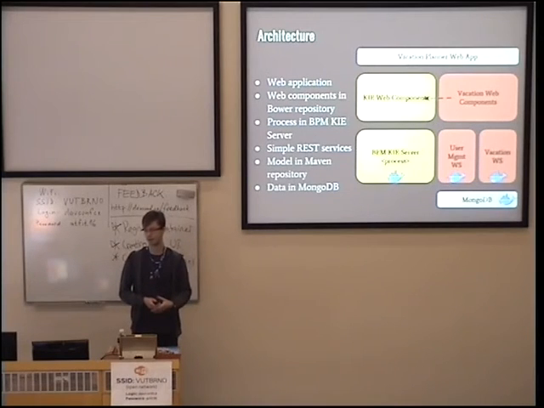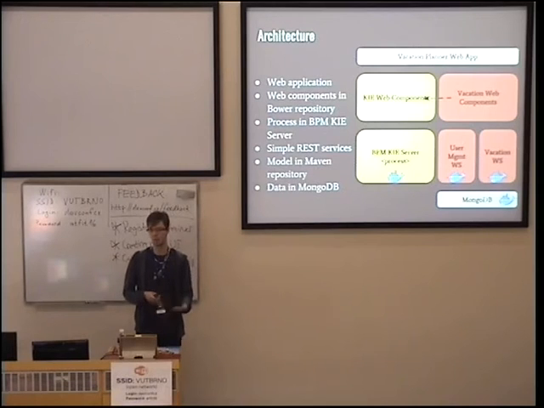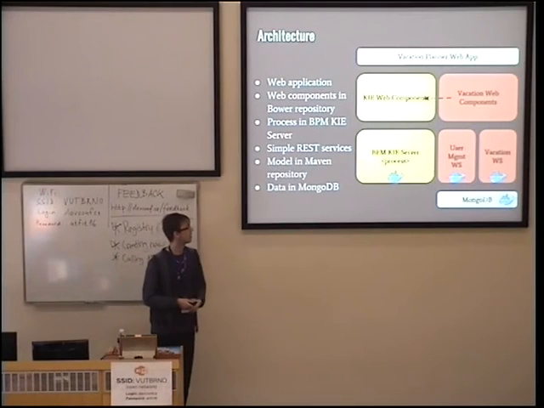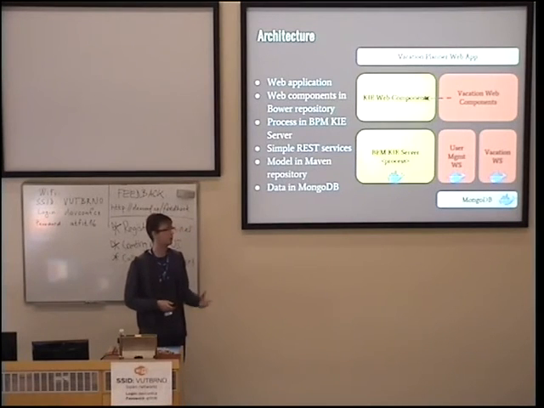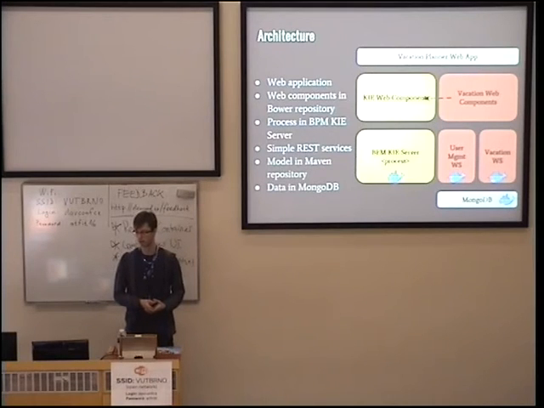Also, we have components to communicate to the user management web service to get a list of users, as we have seen on the home page. Also, we have components to communicate to the vacation web service to get a list of approved vacations, for example. And these web services process data to MongoDB. They query the data there too.